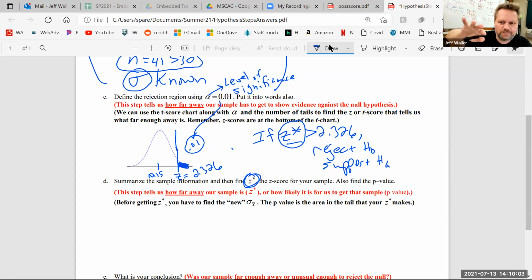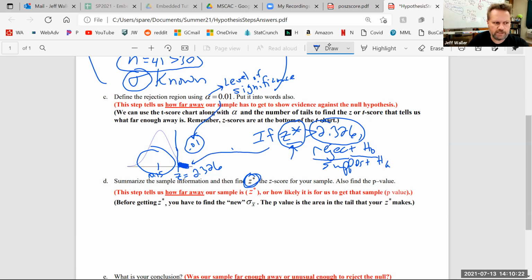Is that cool? So if the z-score I get from my sample is more than this, then I can reject the one who thought it should show up in here. So if I do get into the rejection region, I can reject the null, support the alternate. Like we said earlier, it looks like that one is wrong, which means it looks like the other one is right.